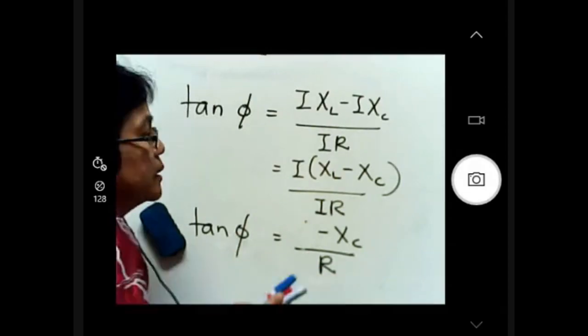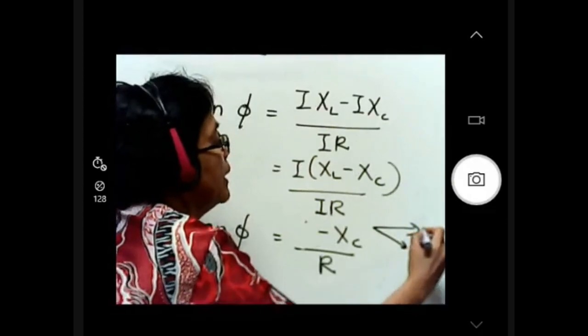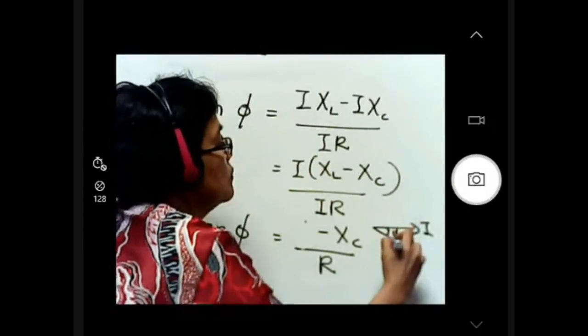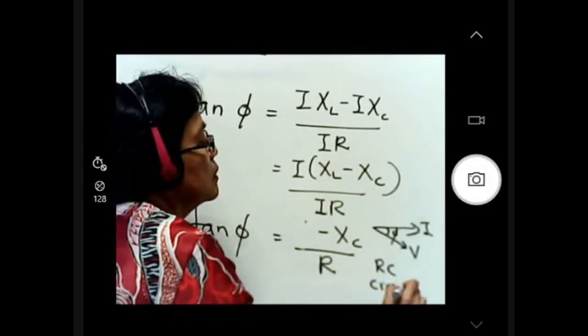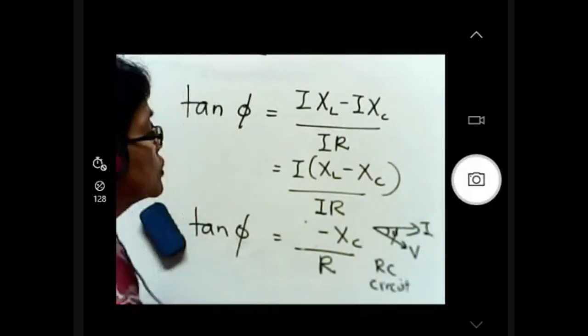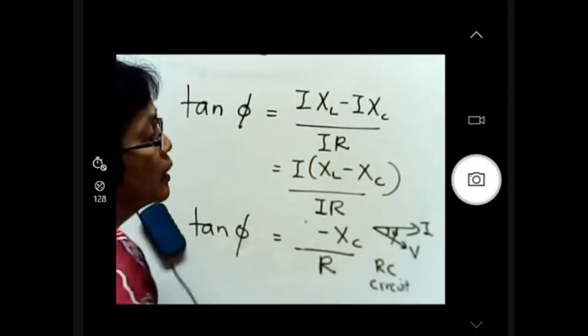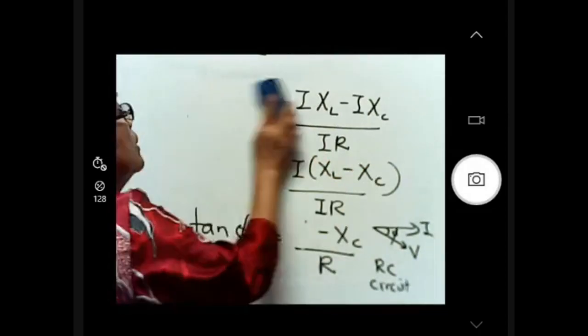Means this angle will sit here. See? This is for RC circuit. So it depends on your circuit. That means you just play with the equation. If you have RL circuit, that means this value does not exist. Things like that. Okay?